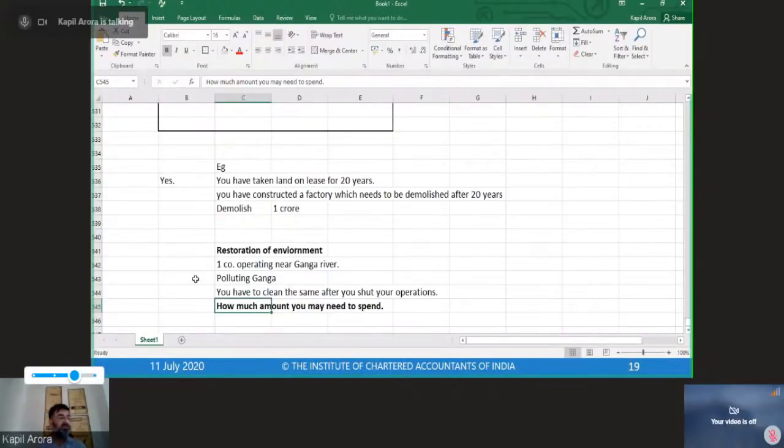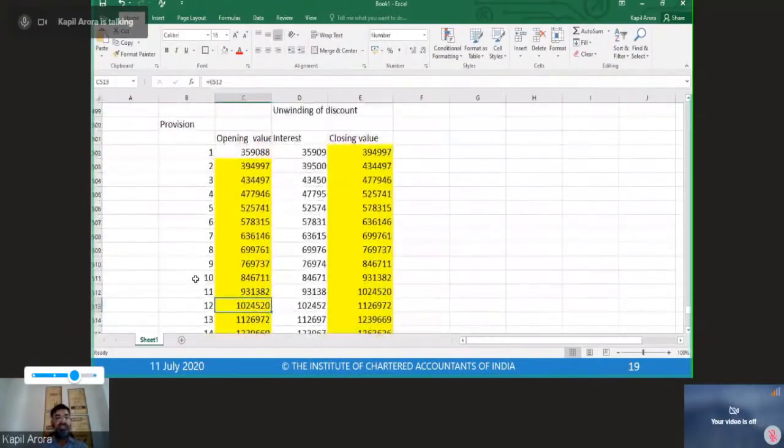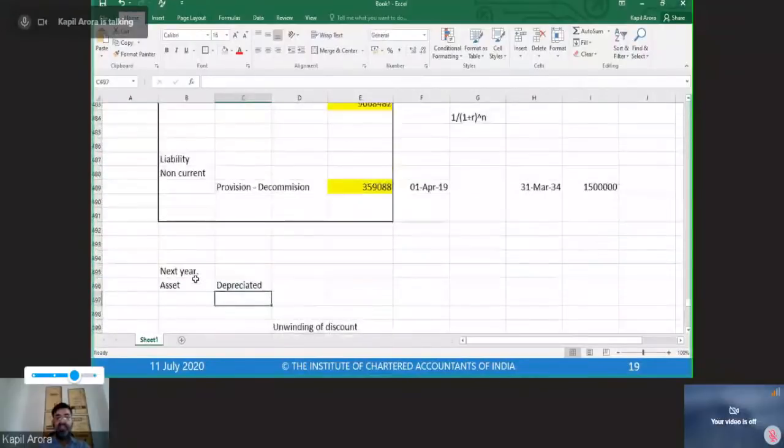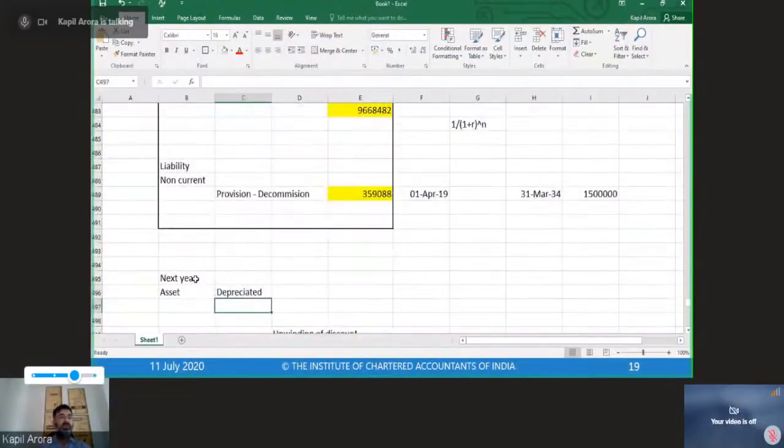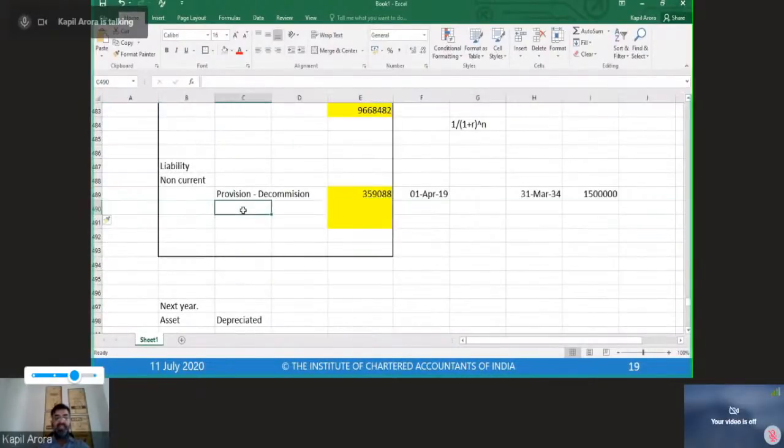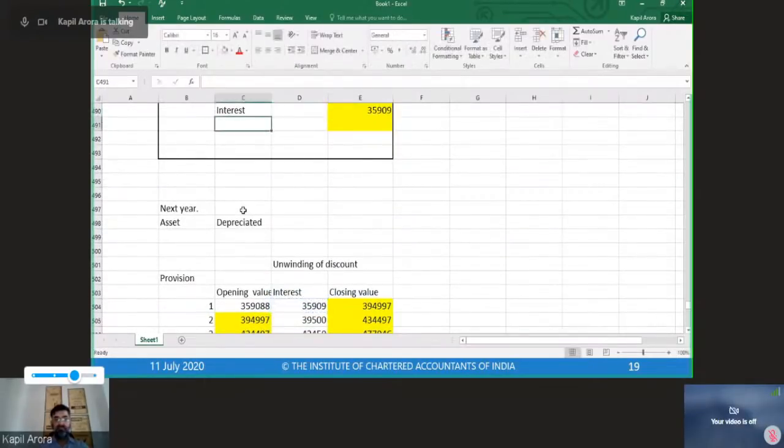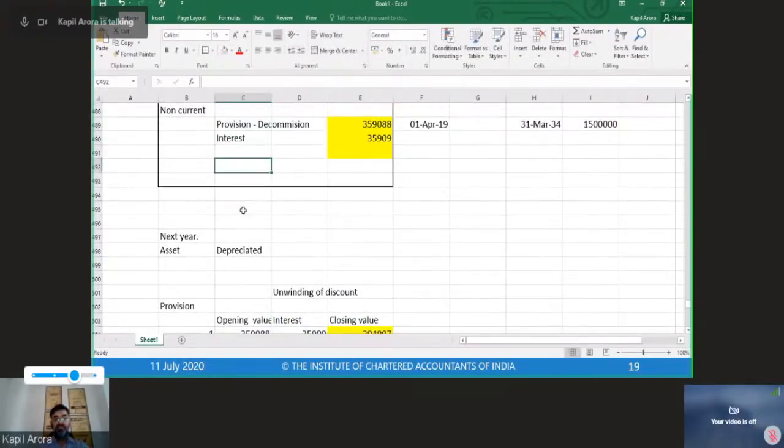Interest credit entry goes to debit P&L, right? Debit P&L, and my liability, as you know, that closing liability, this interest will be added here. So my closing would be this.